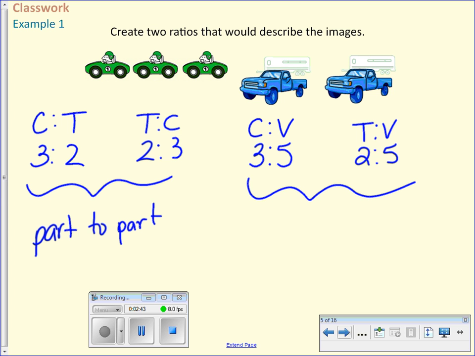So now what are these? Very good. Any questions on why it's part to part or part to whole, or where did the 5 come from? Where did the 3 come from? Where did the 2 come from? Any questions?